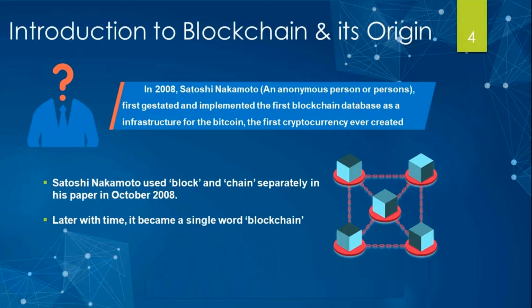Block and chain were two separate words or separate concepts in the initial paper he or they published in the year 2008 in the month of October. Later on, with time, because of the tight coupling of blocks and chains together, it became a single word called blockchain, right? So that's how it was invented, in 2008, when the entire world was going through economic turmoil.